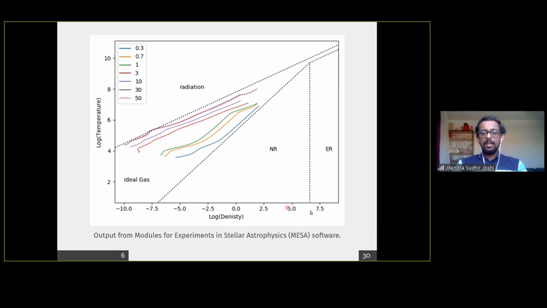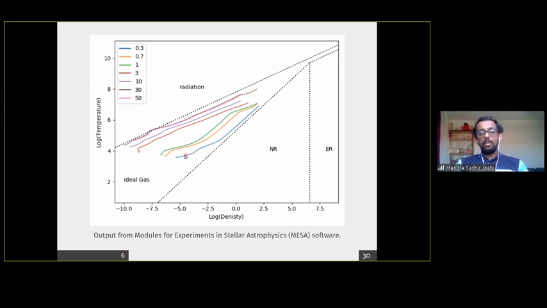Higher density means we are near the center or the core. So if we say this is the equation of state for the sun, then the entire interior of the sun is governed by the ideal gas pressure and not by any other kind of pressure.